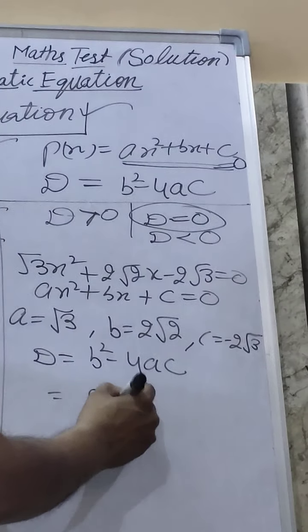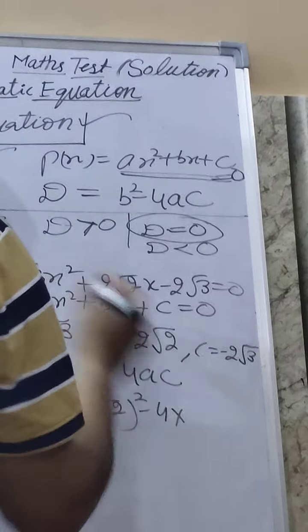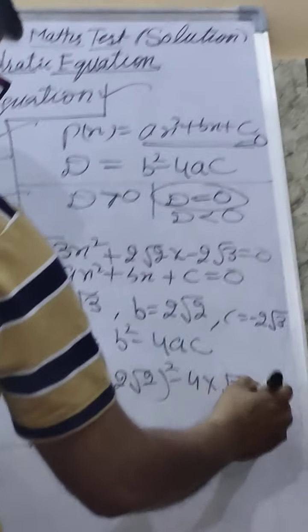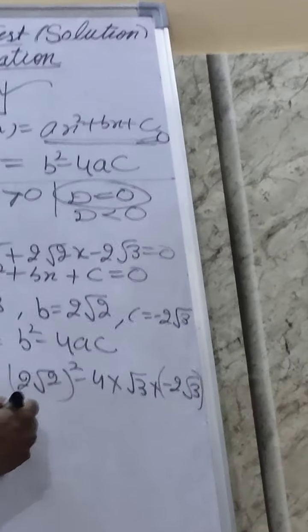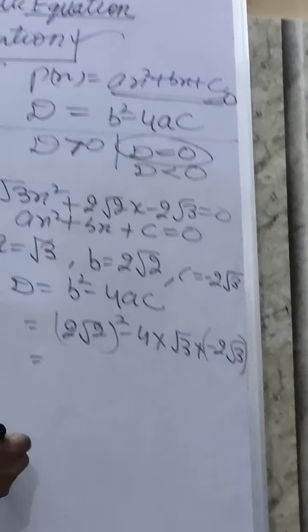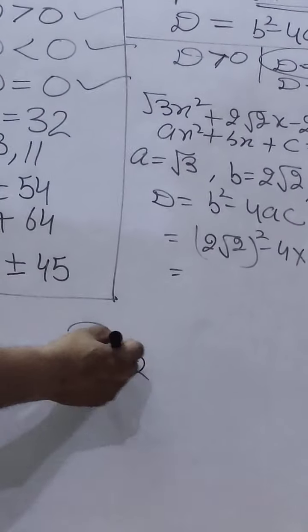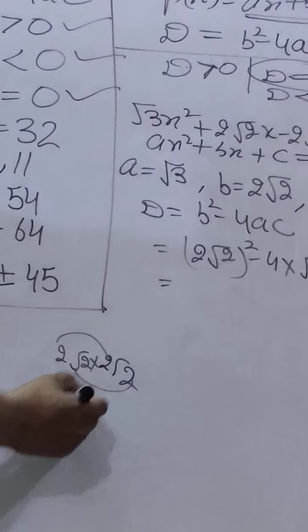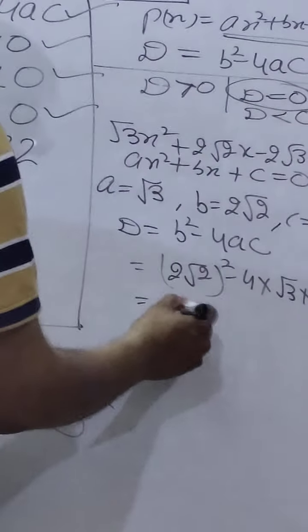So (2 root 2) square minus 4, a is root 3 and c is minus 2 root 3. So 2 root 2 square means 2 root 2 multiply 2 root 2. 2 twos are 4, root 2 root 2 is 2, so 4 twos are 8.